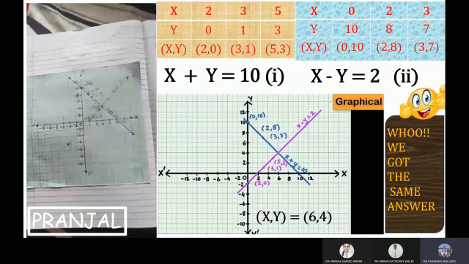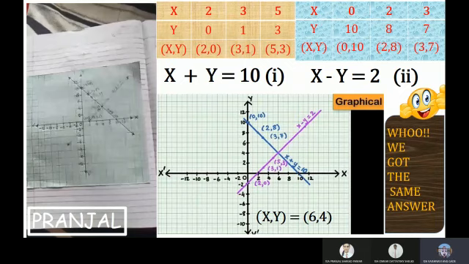Yay, we got the same answer as we got by solving the equations through the substitution method. And the point of intersection of both the equations, x plus y equals 10 and x minus y equals 2, is 6 comma 4. The first coordinate is x, which is the number of apples, and the second coordinate, which is y, is the number of oranges.